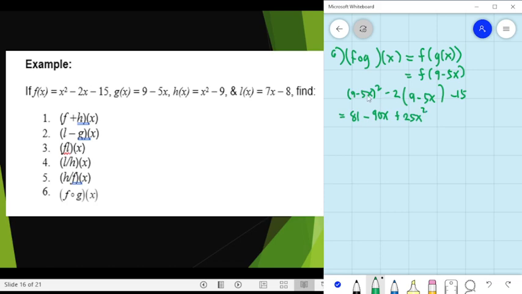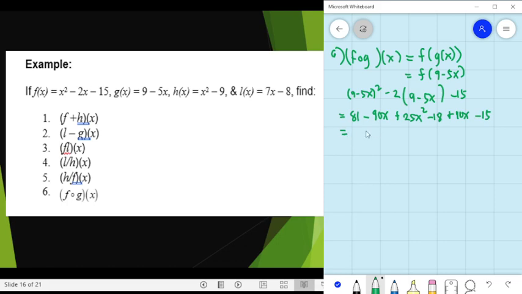Okay, then this negative 2 must be distributed to the two terms here. So negative 2 times 9 is negative 18, and negative 2 times negative 5x is positive 10x, minus 15. Okay?